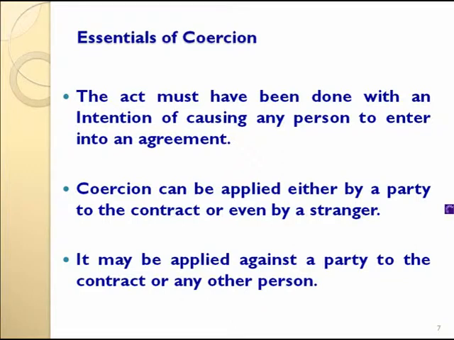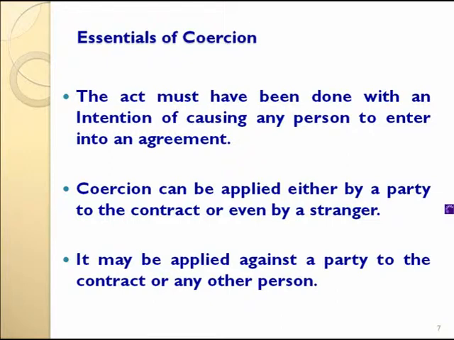Third point is, it may be applied against a party to the contract or some other person. As I said in point number 2, coercion can be done by the parties or by strangers. The same thing is applicable in point number 3: coercion can be applied against the party to the contract or against a stranger. For example, suppose there are two parties, A and B. A can do coercion against B to take his consent, and parallelly A can appoint a stranger to do the same against B to get B's acceptance.